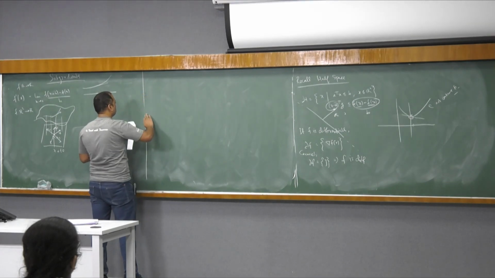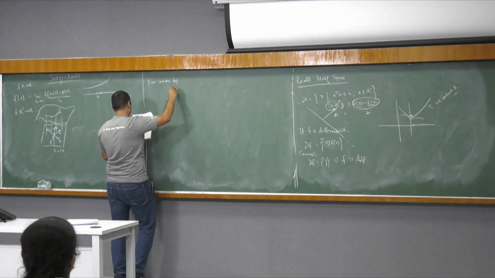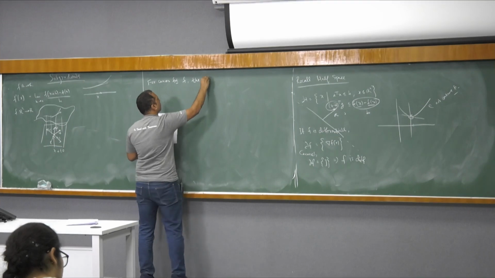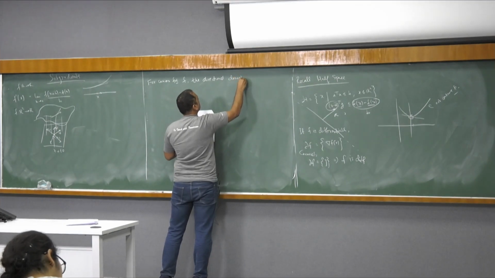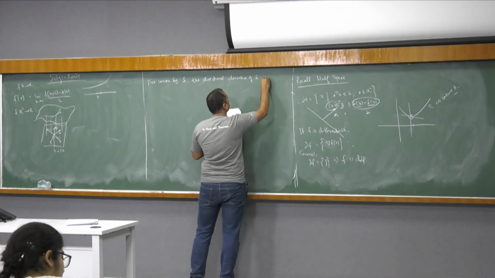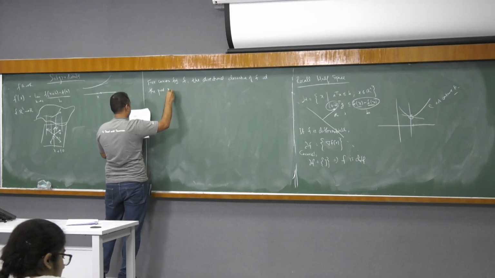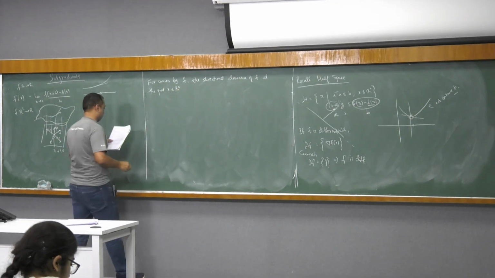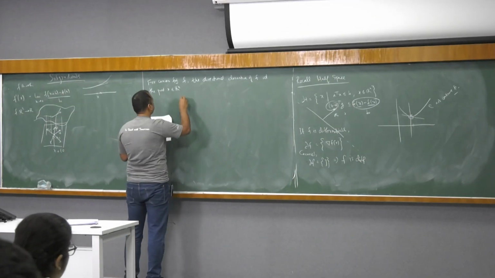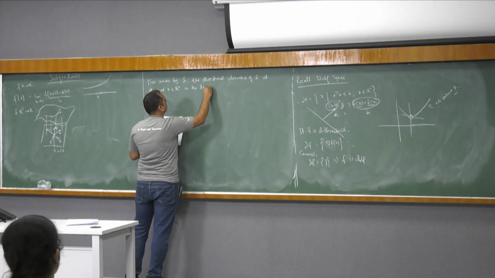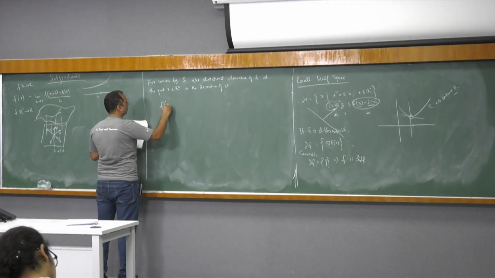Let us keep things for the convex case right now. For convex functions f, the directional derivative of f at the point x in R^n, in the direction of v, is given by f prime (x; v).